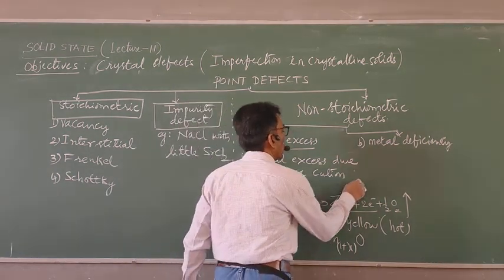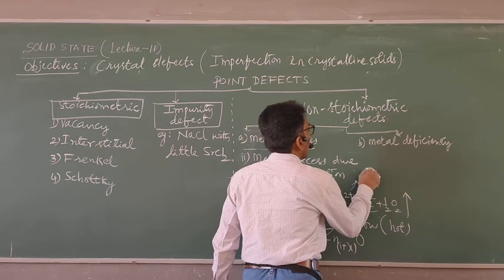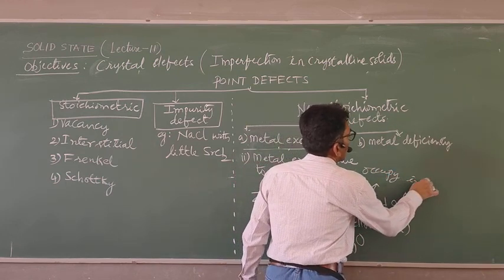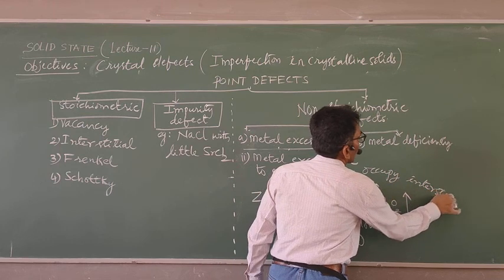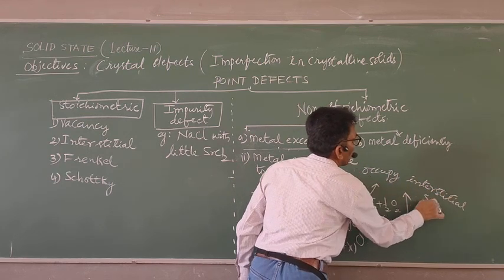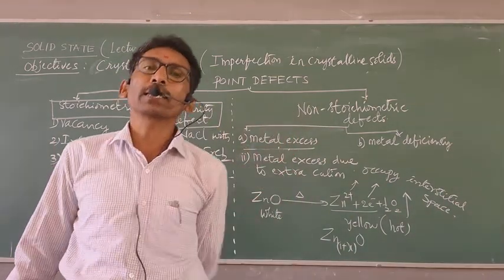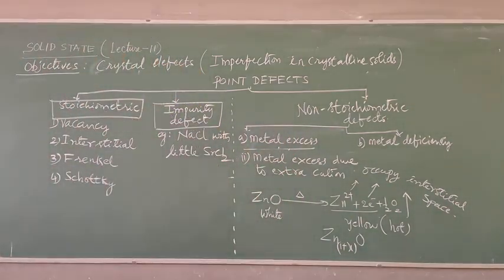These two are occupying interstitial space or voids, and oxygen is completely escaped from the lattice. This is another one under metal excess defects and also a non-stoichiometric defect.